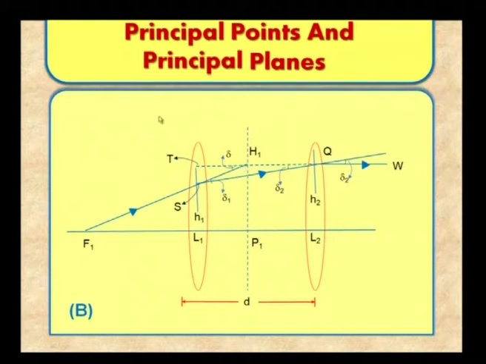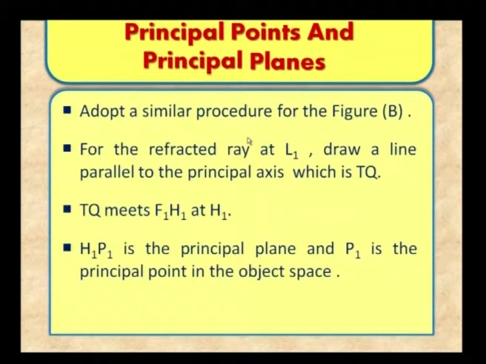So, the deviations caused by the two lenses, as in the earlier case, can be effectively replaced by a single deviation delta that will be experienced by the light ray due to a plane H1 P1. We are adopting a similar procedure as we did earlier, as shown in figure B. For the refracted ray at L1, you draw a line parallel to the principal axis, which is TQ.